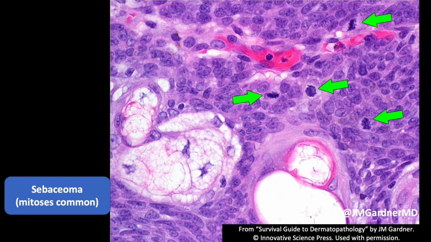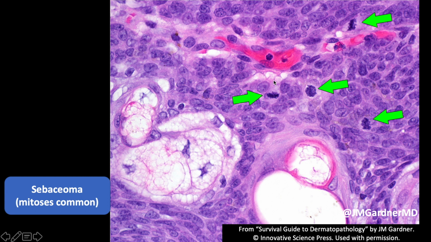If I start seeing atypical mitotic figures, if I see pleomorphism or really obvious nuclear atypia in the basaloid cells, you can see these are hyperchromatic a little bit, but they're all pretty uniform. They're recapitulating the germinative epithelium that surrounds normal sebaceous glands. They're just more prominent here, but they're all pretty uniform and don't really, to me, look that cytologically atypical. Although I have to say, I know atypia is in the eyes of the beholder and is subjective to some extent.